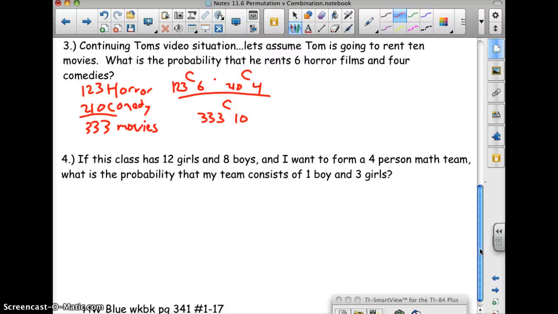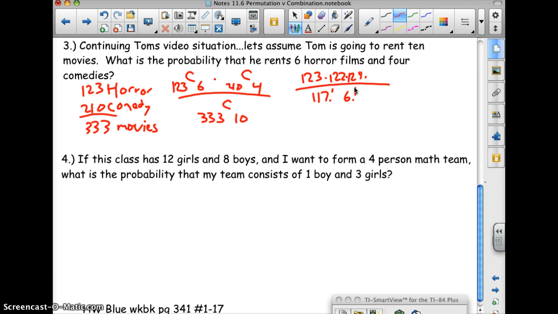Okay, back up here. Let's see, 123C6, right, guys? That's going to be 123 times 122 times 121 times, and I'm doing all of this over 6 factorial and 117 factorial.